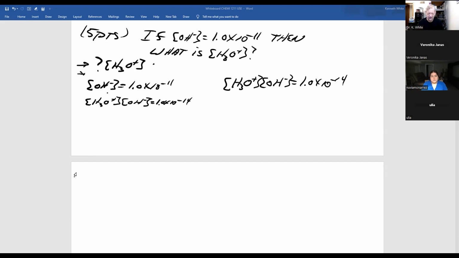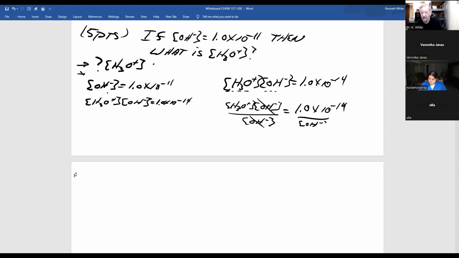All right, my turn. How do we get this alone on one side? We get rid of the hydroxide, OH minus. Anything divided by itself is the number 1. So I'm going to divide by OH minus, and that will cancel it out. But whatever I do to one side, I have to do to the other. And I did.